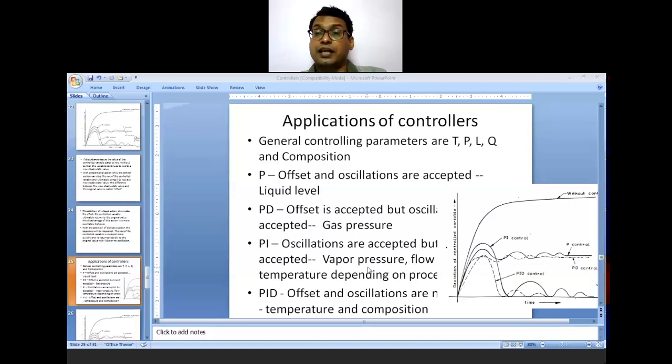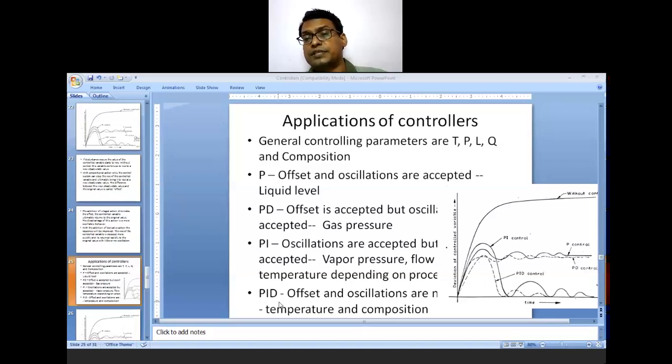When the process permits oscillations, only then can I set the temperature on PI. There are certain vessels in which I can control the wide range of fluctuations in the temperature that can be accepted. But if it's a reactor where I cannot accept the fluctuations or I cannot accept the deviation, there I must be using the proportional integral and derivative controller.